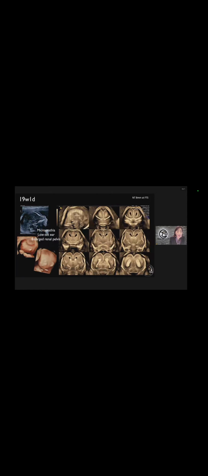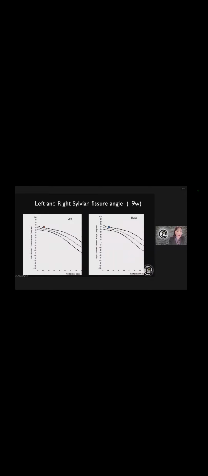But postnatally this case had epilepsy, and here this is the case at 19 weeks of gestation, almost normal looking, a normal appearance of the brain. However, we look at the fetal face, micrognathia, low-set ear, and so I measured the Sylvian fissure, which is almost good.